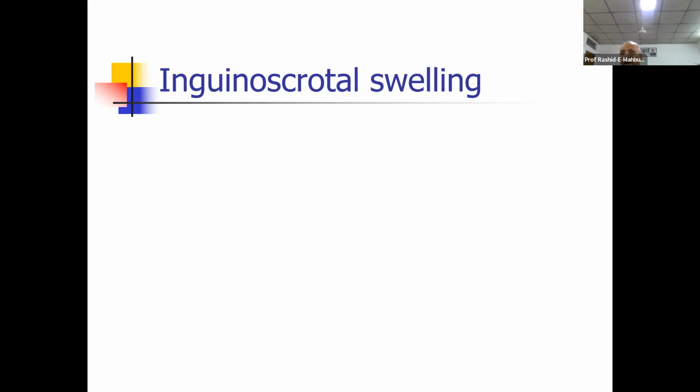Next question comes hernia, what we have already said. We have only said about the congenital hernia swelling. But acquired swelling is also there, because the weakness of the inguinal canal is important.